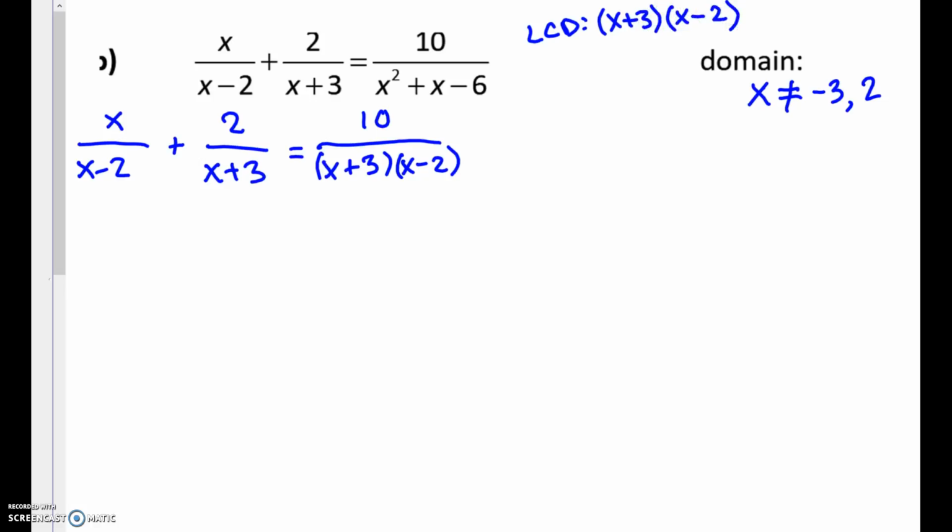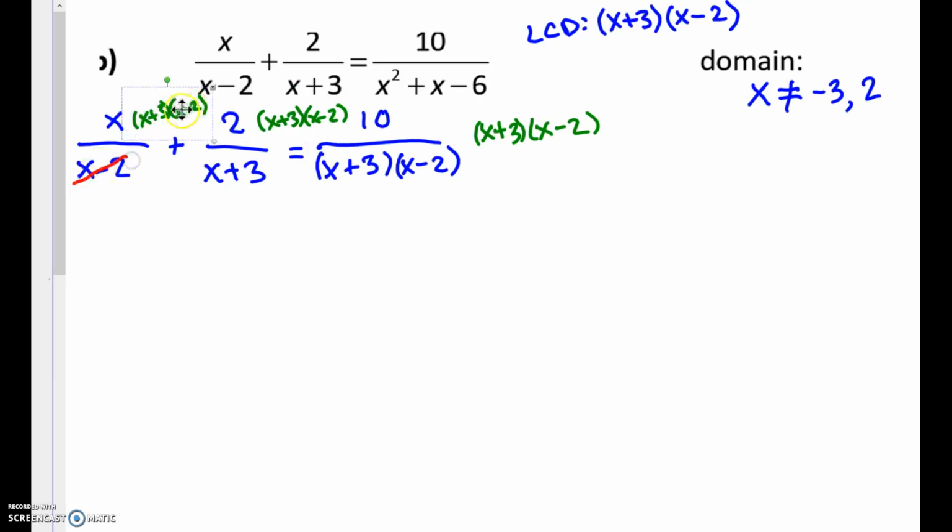So now we're going to multiply each piece of our equation by x plus 3 times x minus 2. Over here, it's going to multiply by x plus 3 times x minus 2. And same thing here, we're going to multiply times x plus 3 times x minus 2. And what we're going to find is that some things are going to cancel.